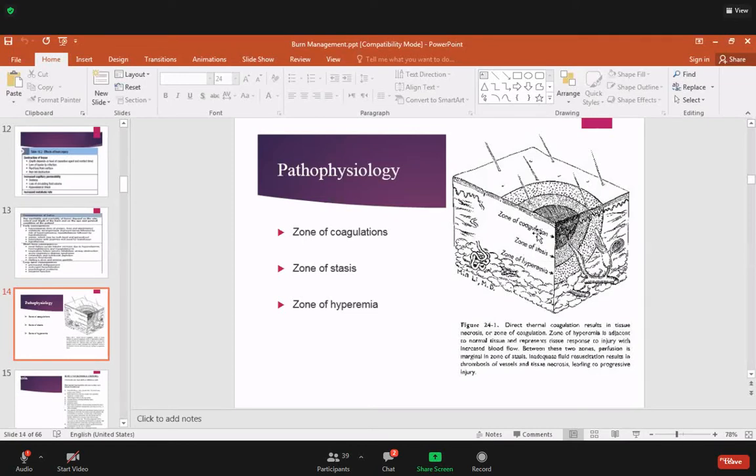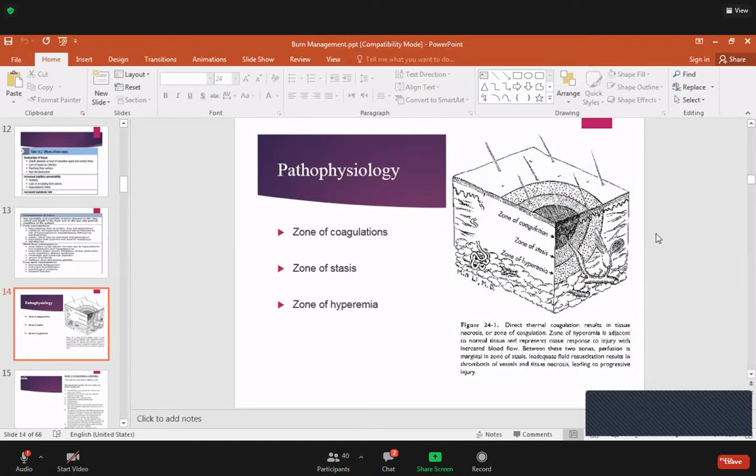If we have adequate resuscitation of the patient, with the passage of time the hyperemic portion increases, the zone of stasis becomes closer to the zone of coagulation, and the healing is healthy and early. If there is inadequate resuscitation, the zone of stasis increases in size, and there is thrombosis of the vessels in the zone of hyperemia also.